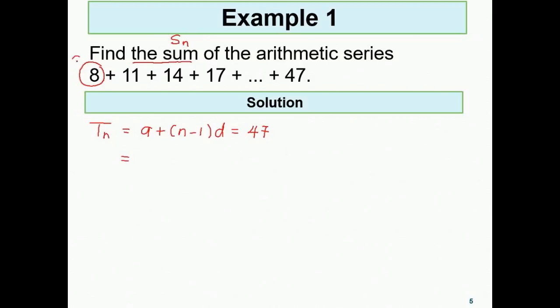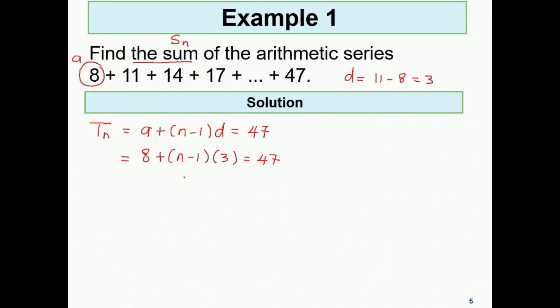So this is our a: 8 plus (n minus 1)d. How to get the d? d equals 11 minus 8, which equals 3. So substitute 3 here, which equals 47.